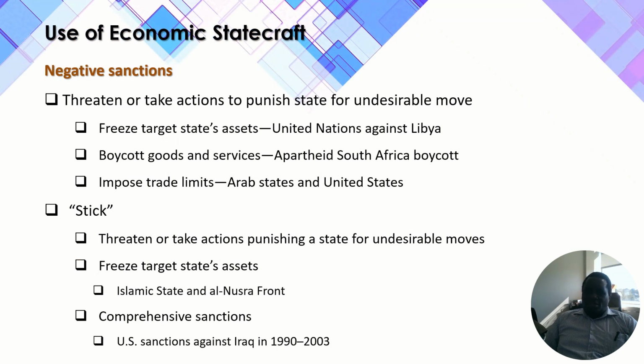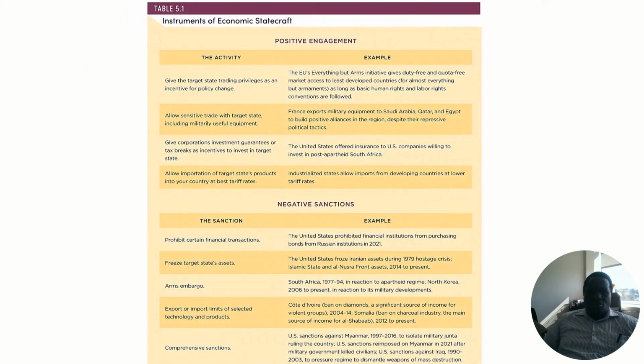Of course, there are negative sanctions which threaten punishment. So, for example, freezing assets, boycotts, for example, apartheid South Africa, trade limits being imposed, but also freezing assets, comprehensive sanctions, or even not allowing people to travel. And so these are examples of instruments of economic statecraft.